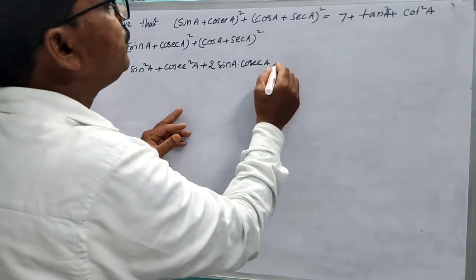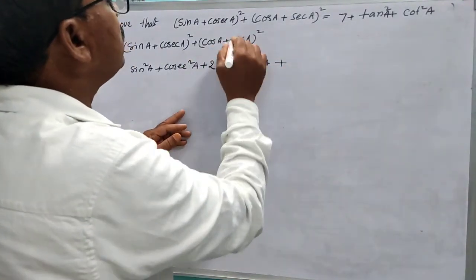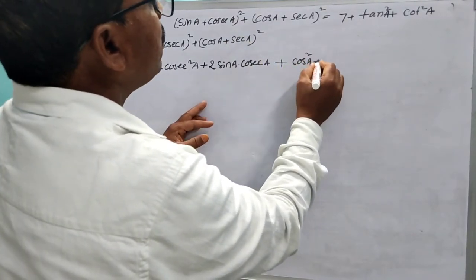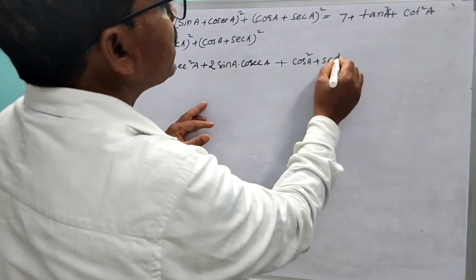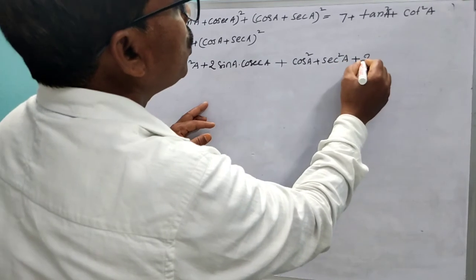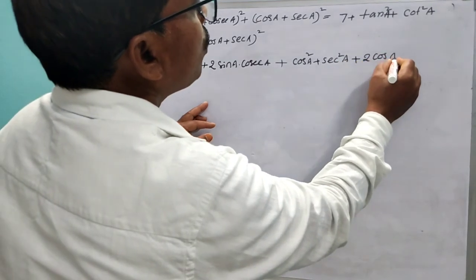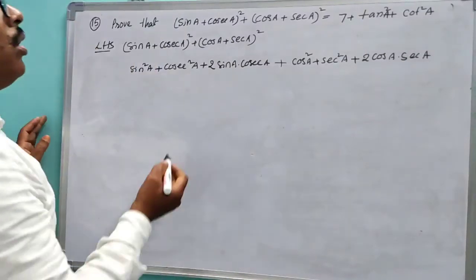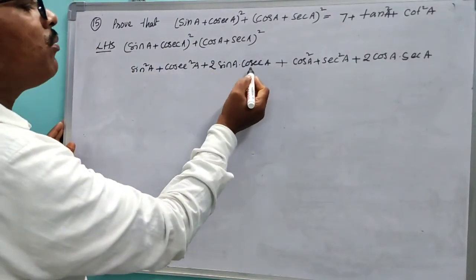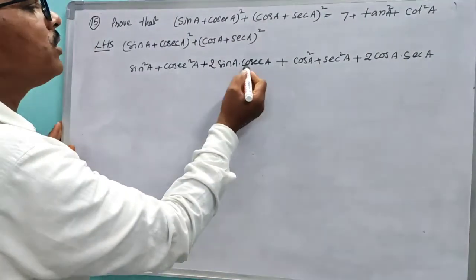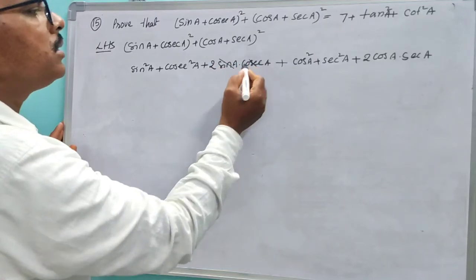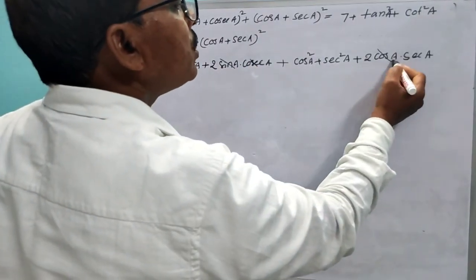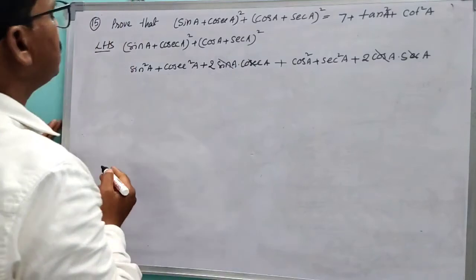Again this one we can write as cos square a plus sec square a plus 2 into cos a into sec a. Now sin a and cosec a are multiplicative inverses of each other, so they get cancelled, and similarly cos a and sec a are multiplicative inverses of each other, they get cancelled.